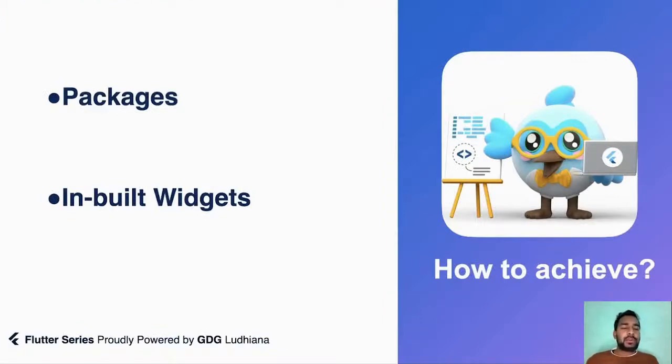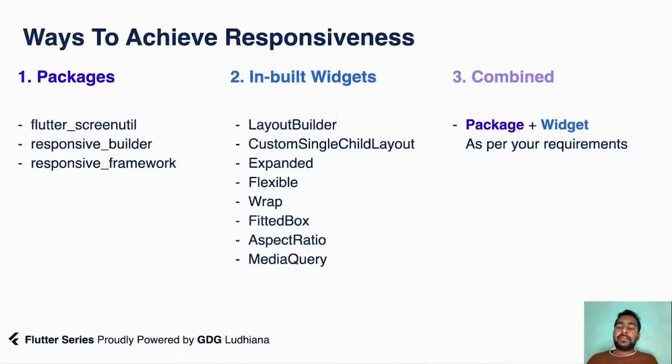How to achieve responsiveness? There are mainly two ways to achieve responsiveness, either by using packages or by using inbuilt widgets of Flutter. Let us touch both ways. If you use packages, then you can use Flutter Screen Util, Responsive Builder, or Responsive Framework, which are all available on pub.dev. There are many other packages from which you can achieve responsiveness, but these three are the most popular ones.